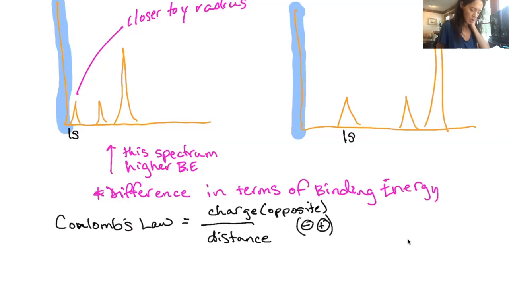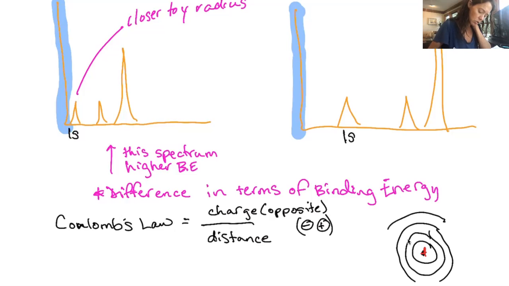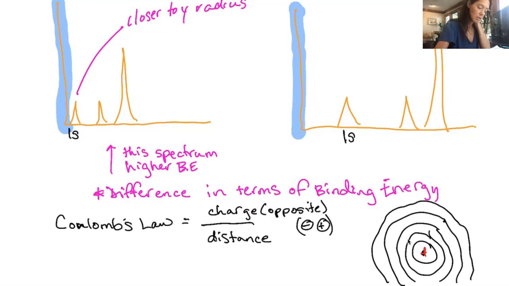What we said was our nucleus here is positive, and the closer the electron to that positive nucleus, the stronger the Coulombic attraction and the greater the binding energy. That's what we said in the last video.